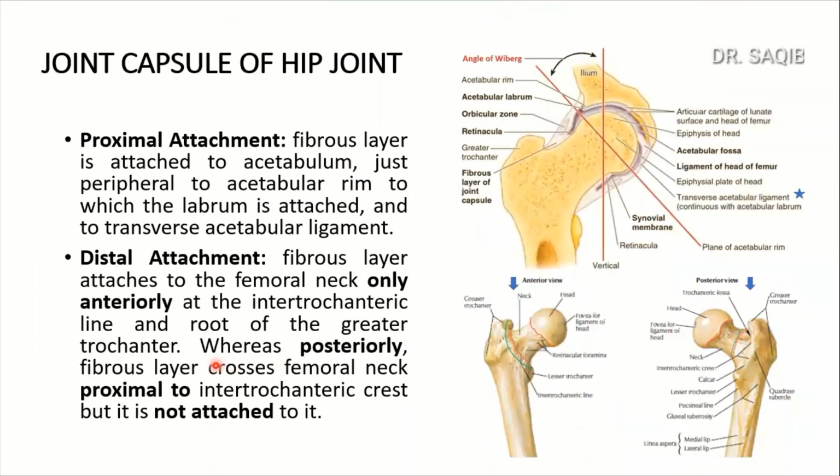And what happens posteriorly? Let's see. The fibrous layer also wraps around it posteriorly. It crosses the femoral neck, of course, but it does not reach the intertrochanteric crest; it remains proximal to that and is not attached to it.